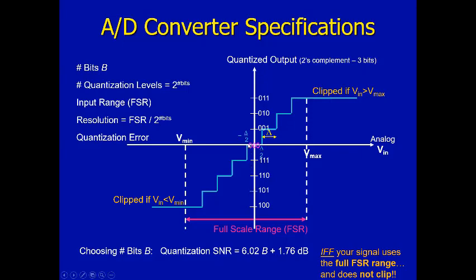Likewise, if you aren't careful and you have signals that go too big and go outside the range, well, you're going to have clipping, and that's a whole other problem. But roughly, this is the rule of thumb. 6 times the number of bits plus 2 dB will give you the SNR in decibels that you can sustain with a particular A to D converter.